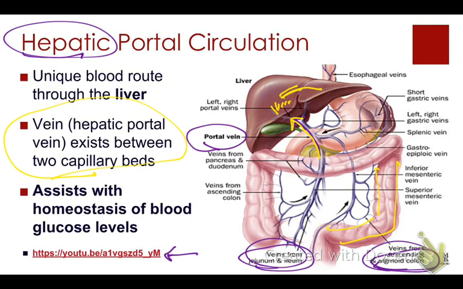Those capillaries get larger and become venules and the hepatic portal vein. And instead of this vein just leading directly back to the heart, it then goes into the liver, gets small again, becomes another capillary bed. Then the vessels get larger and become larger venules, and then eventually those dump into the vena cava.